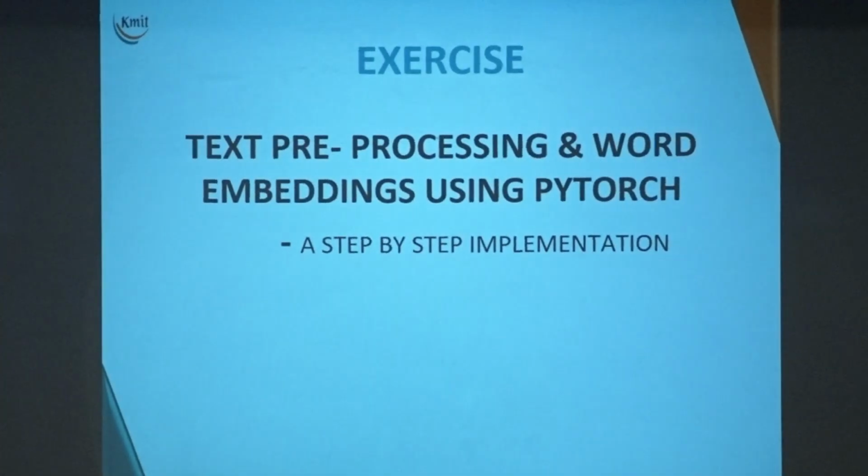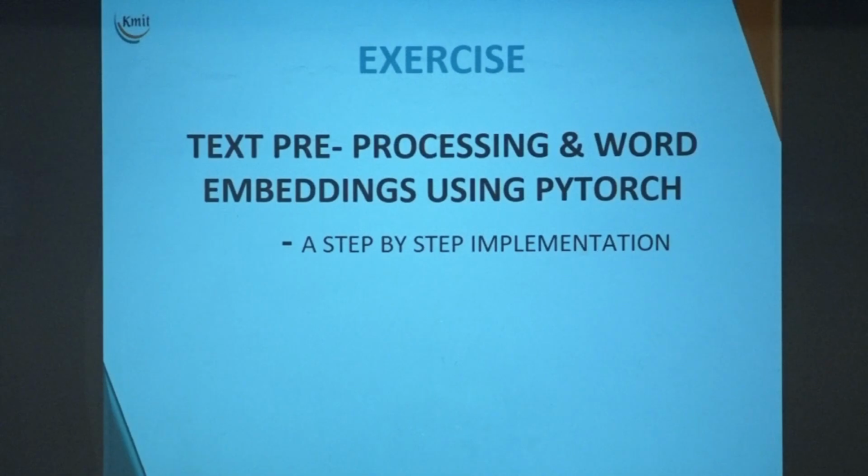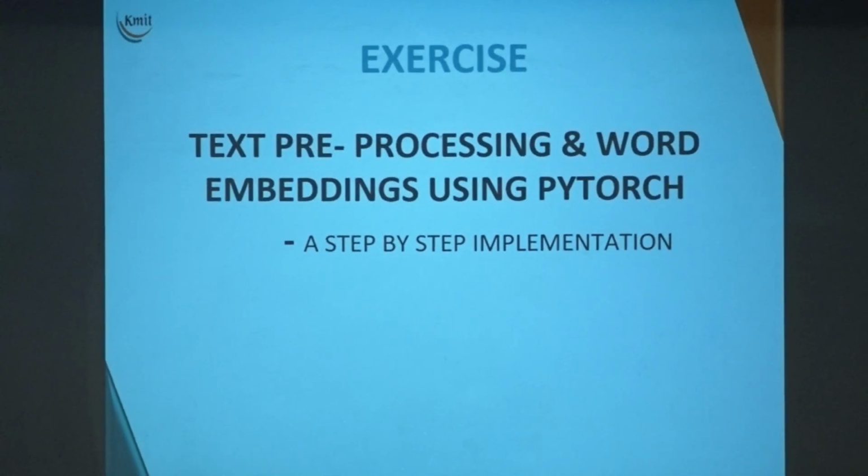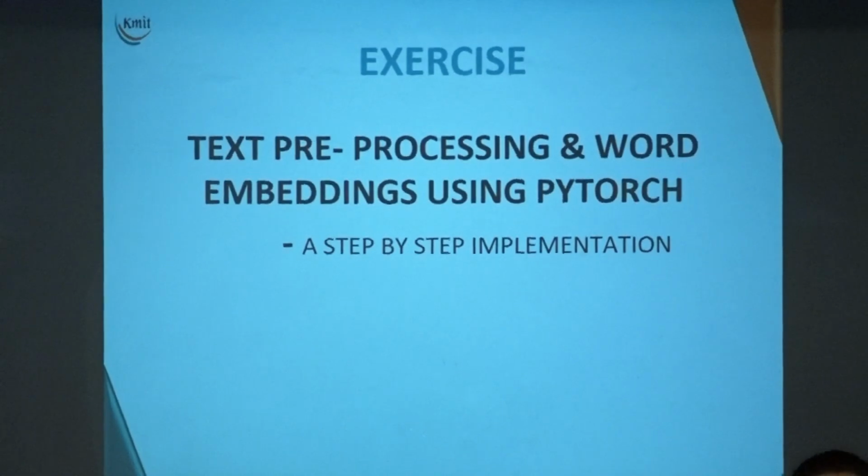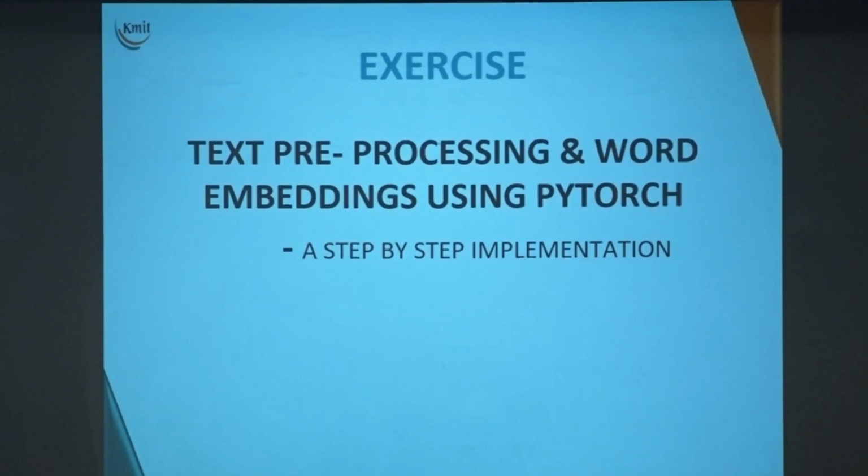Today's exercise is like text pre-processing and word embeddings using PyTorch. So I have explained you 2 steps for word embeddings. 2 steps, huh? What were they? See a few more steps that are involved in text pre-processing. So what we call it as a text pre-processing.